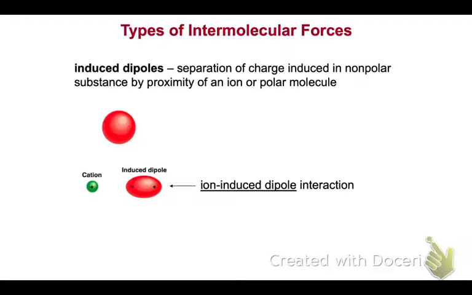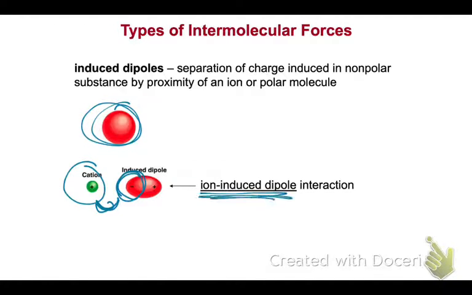And what does that mean? If you put the molecule next to a cation, then the electrons in this molecule will like to come to that side that's close to the cation, which will give me an ion-induced dipole. So this dipole got to be induced by the ion.